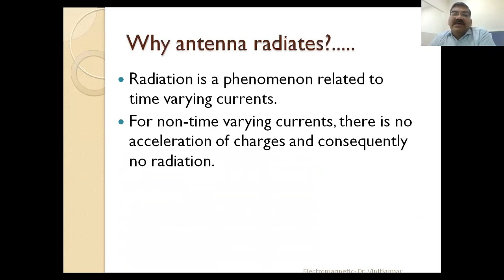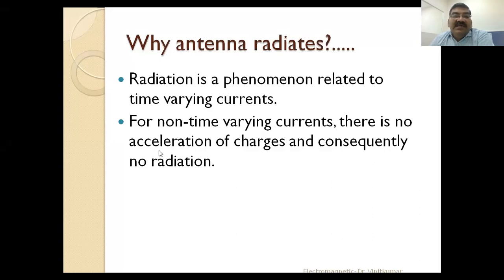So you will have radiation only and only for alternating, that is, time varying current. If you have a time varying current, AC, that may be sinusoidal, square, triangular, any form, then and only then is there radiation.